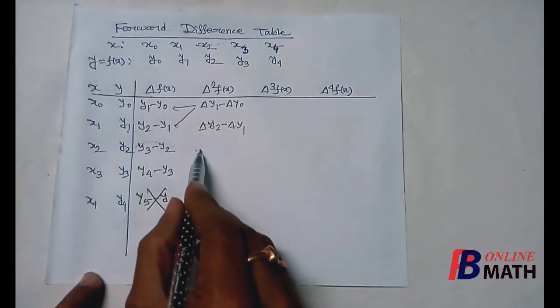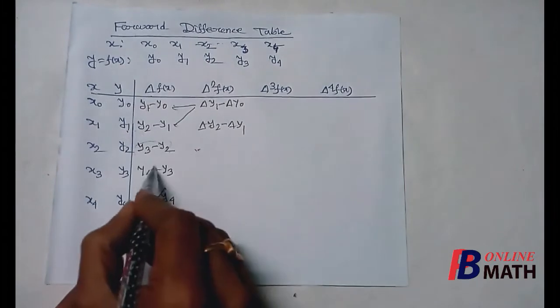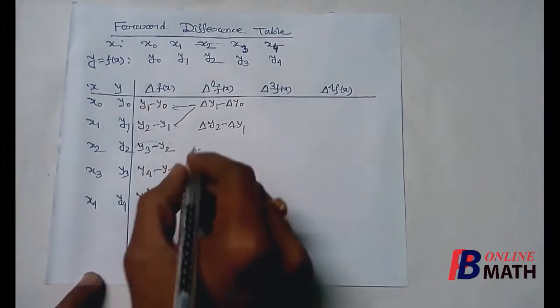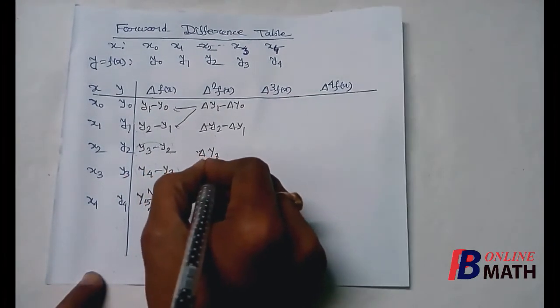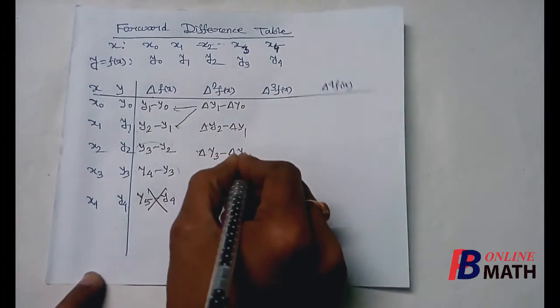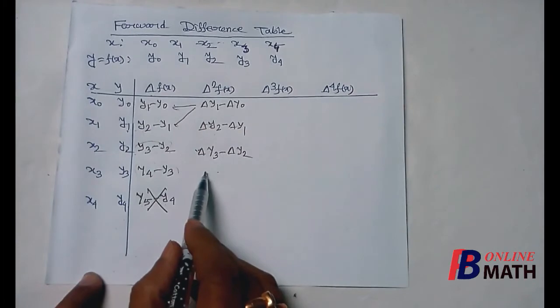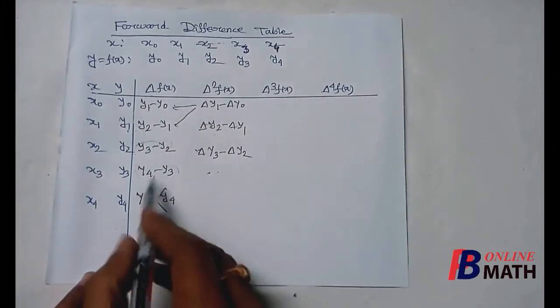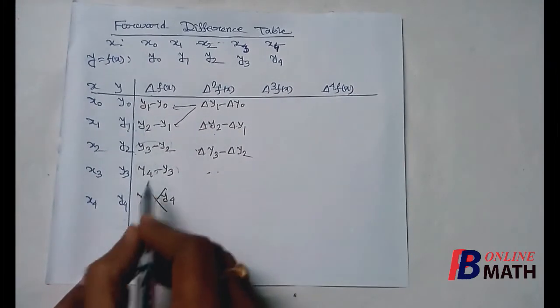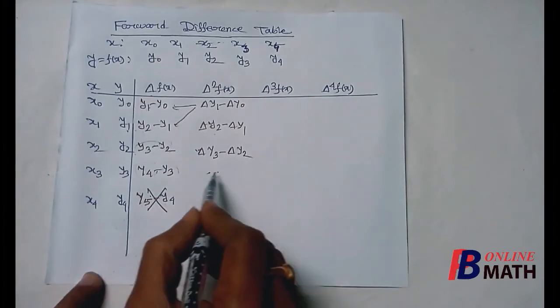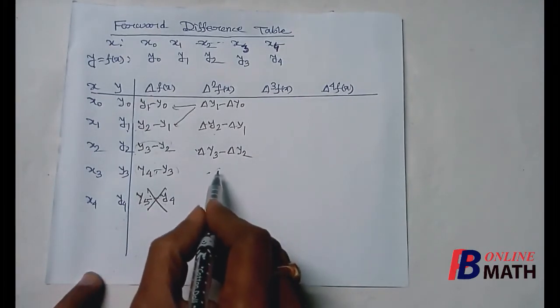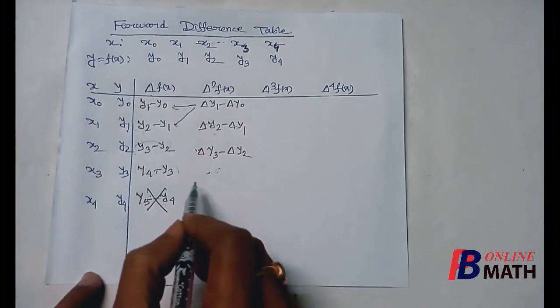Similarly, you can find this value. This will be equal to this value minus this value, which is delta y3 minus delta y2. Finally, if we want to calculate this value, it will be equal to this one minus this one, but this is not available, so this value will not be available. So we shall leave this point blank.